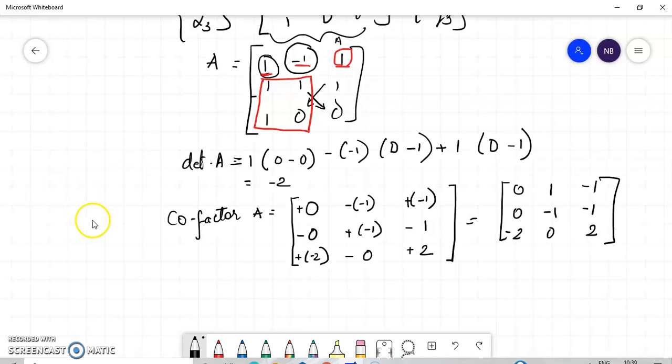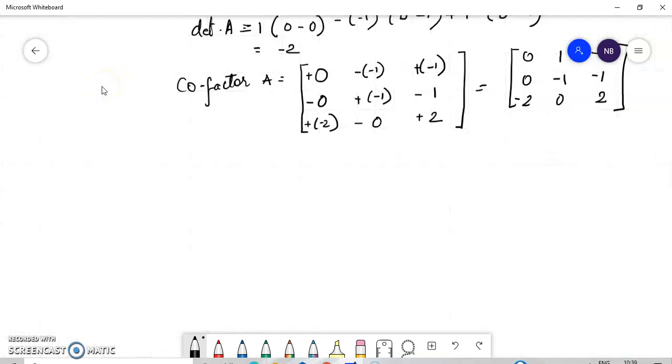Next, we need to find the transpose of this matrix.